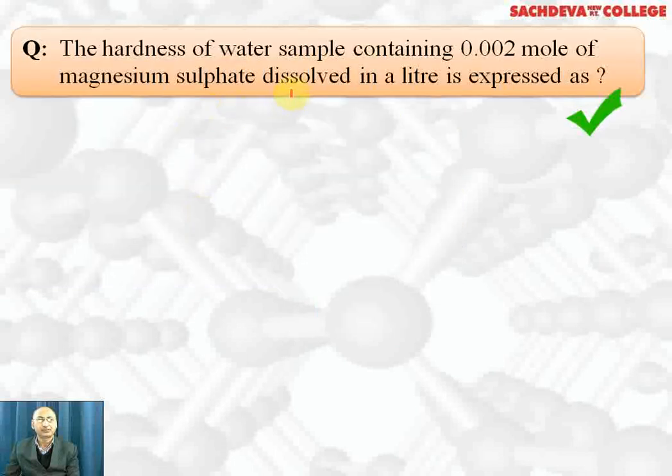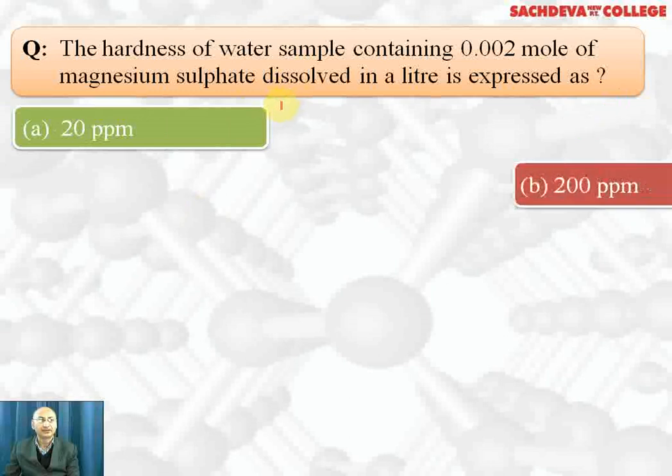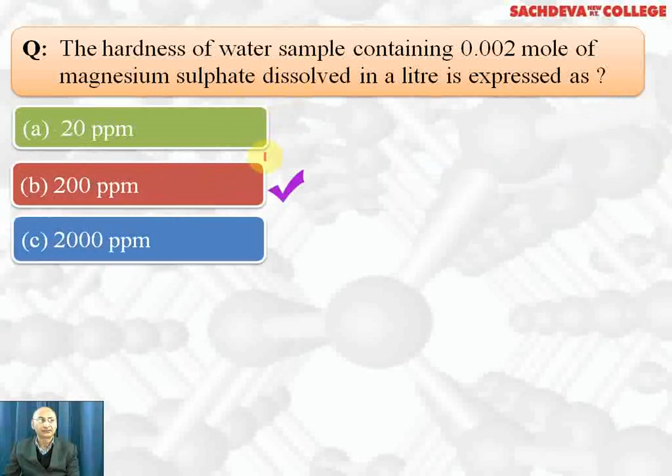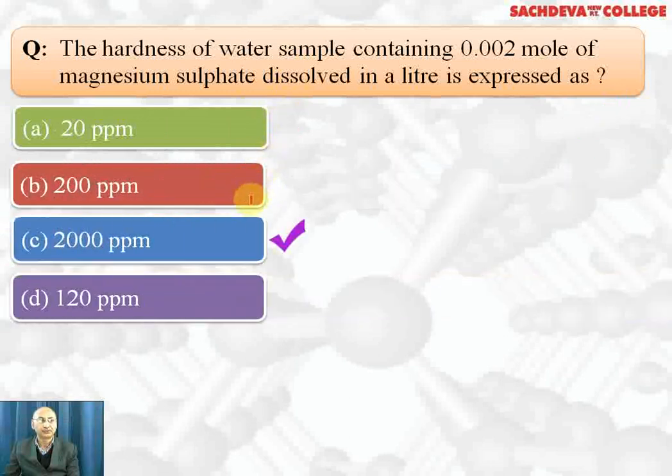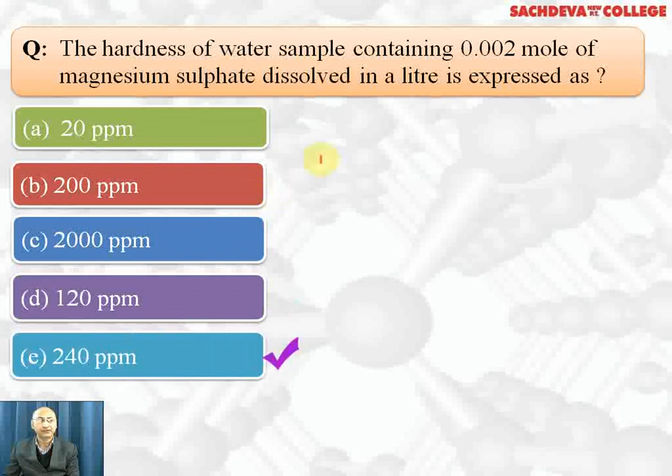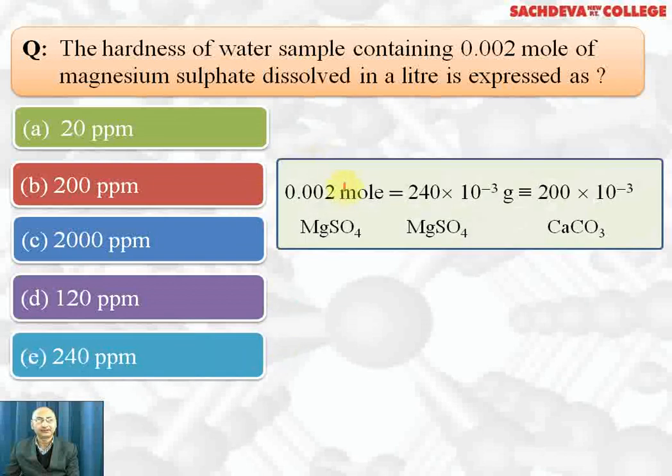Hardness of water sample containing 0.002 moles of magnesium sulfate dissolved in a liter is expressed as 20 ppm, 200 ppm, 2000 ppm, 120 ppm or 240 ppm. Correct answer is calculated in this manner. 0.002 moles of MgSO4 is equivalent to 240 because molecular weight of MgSO4 is 120 multiplied by 2 will be 240 into 10 to the power minus 3 grams.